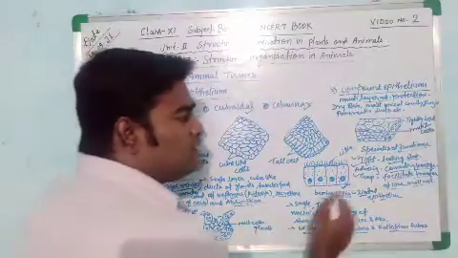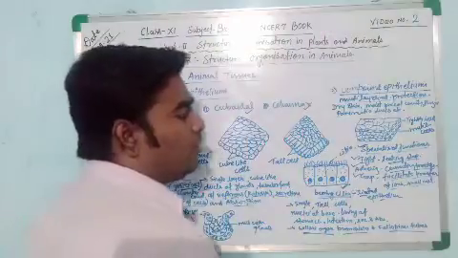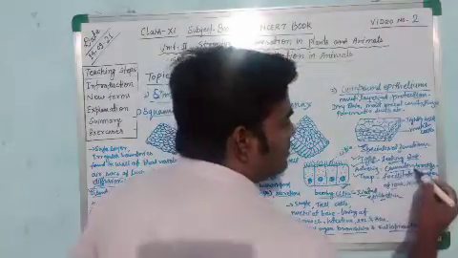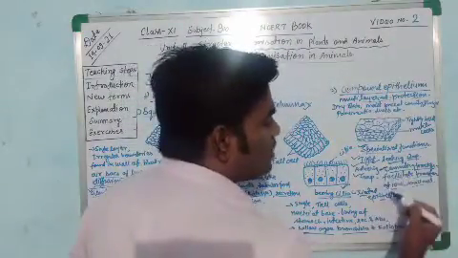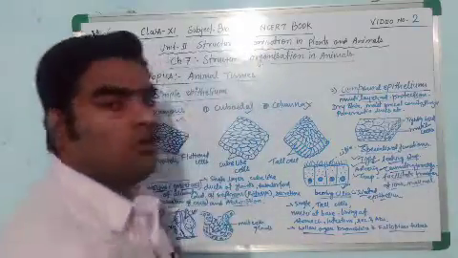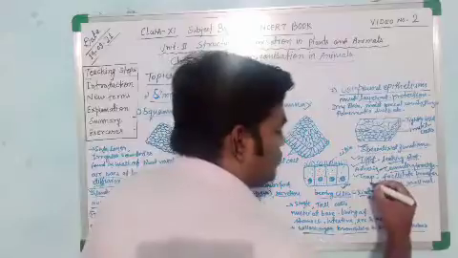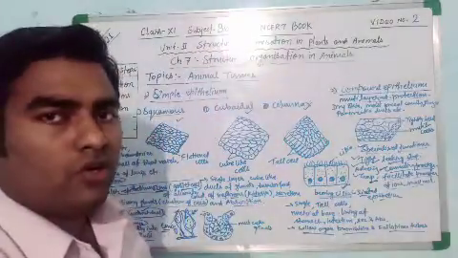So these are the three specialized junctions found in the compound epithelium: tight junction to stop leakage, adhering junction for cementing neighboring cells, and gap junction to facilitate transfer of ions and small molecules. These are the three types of junctions, a very important topic.